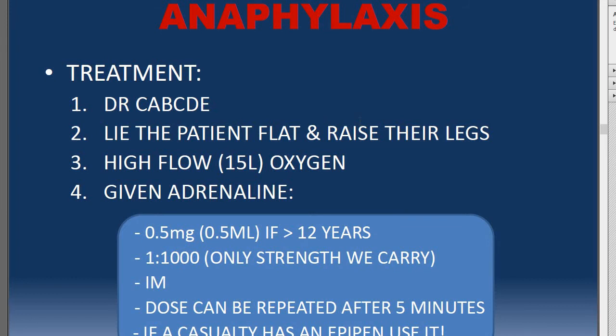I think that's a very fair point. And if a casualty can self-administer their EpiPen, I think that's entirely reasonable as well. They probably will have been trained better in its use and may well have administered adrenaline far more times than we have. So they know what they're doing. If they're well enough to do it, we can take their lead.